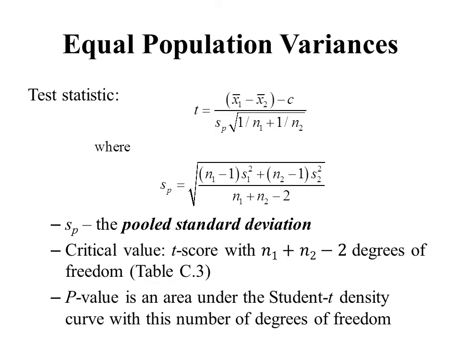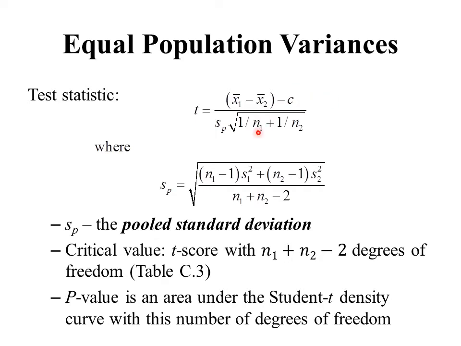Now let's talk briefly about the formulas here for the test statistics. These formulas are rather complicated, but luckily we rarely have to do them by hand. We're going to let the calculator do the work most of the time. So if we assume equal population variances, which is usually not the case, but if we do that, then we calculate the test statistic using this formula here, where x1 bar and x2 bar are our sample means, and c is that number that appears in the null hypothesis.